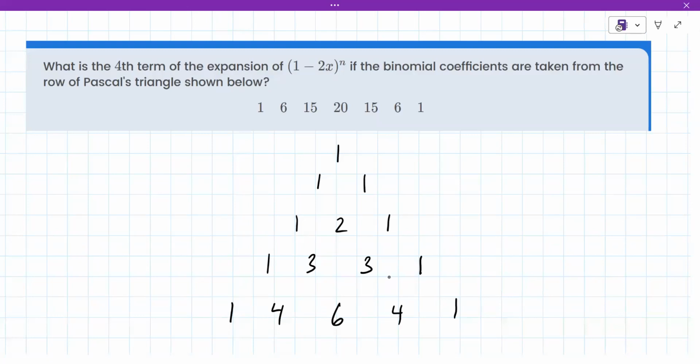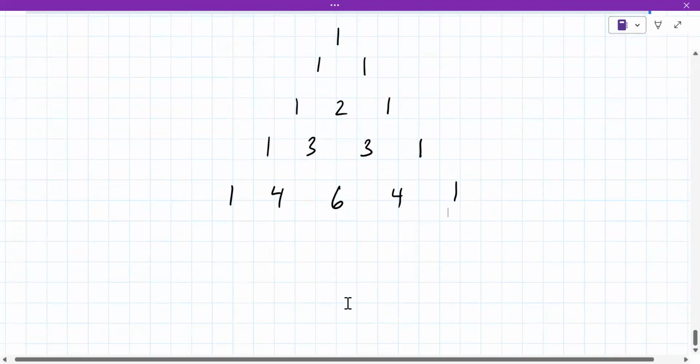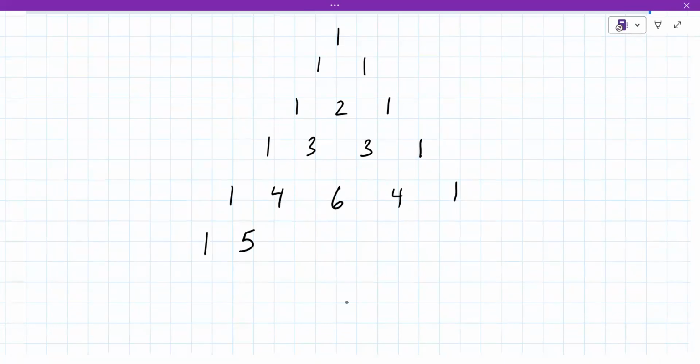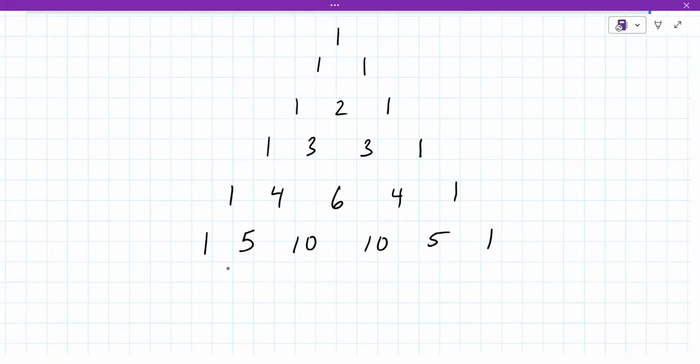And notice there's kind of a nice symmetry to this. You also get 1, 2, 3, 4. There are some patterns. 1, 5, 10, 10, 5, 1. Notice you're just adding each time. So could you give me the next row, please?